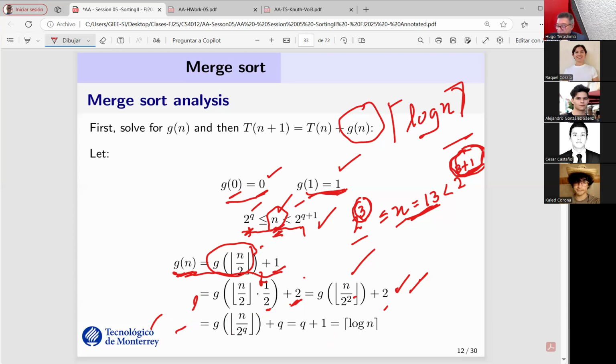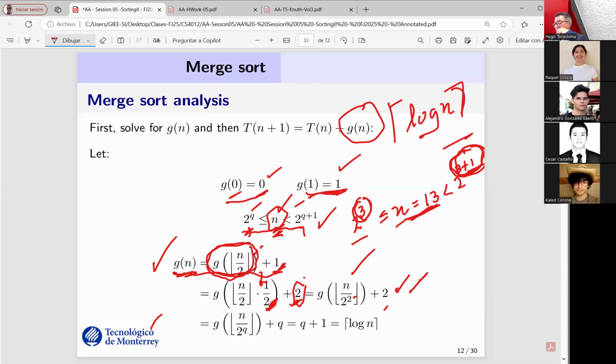Remember that I have a recurrence, which is this, right? And then I'm going to do it by substitution. So I'm going to replace this in the next step, which is g of n over 2 times a half here, right? Because I have n over 2, plus 1, right? When I substitute. And the one that I have here, so that's the reason I put a 2 here.